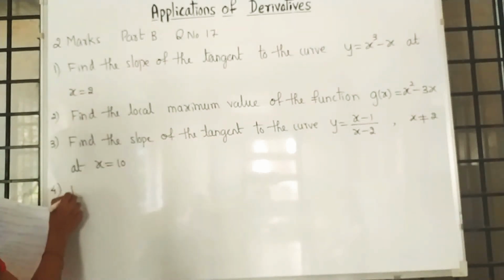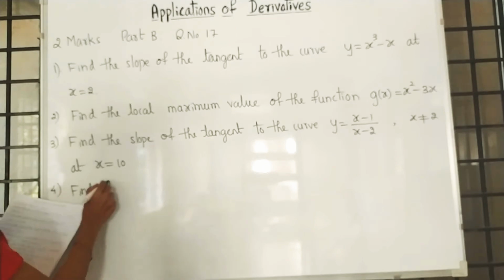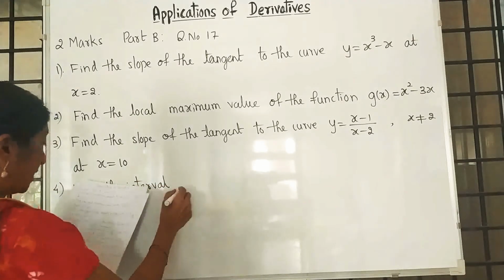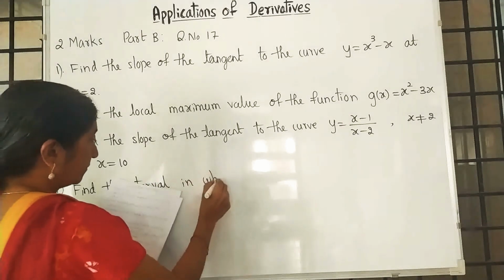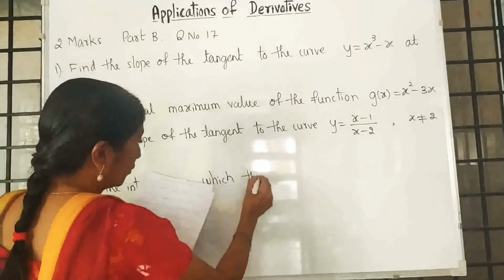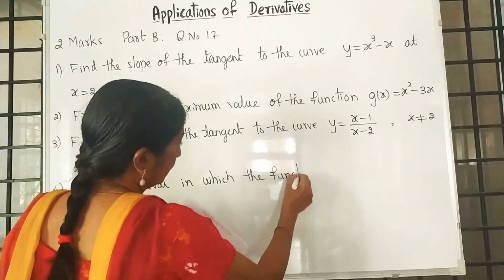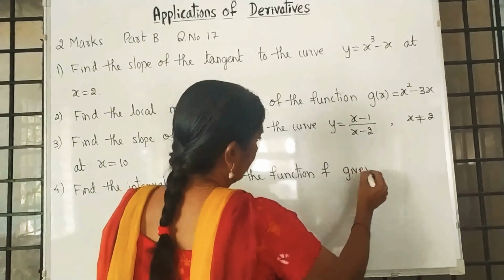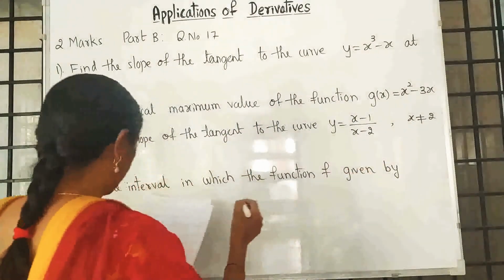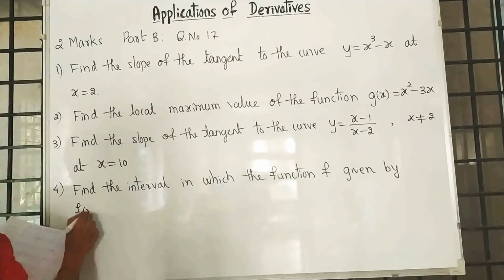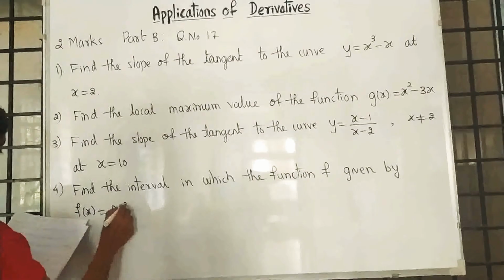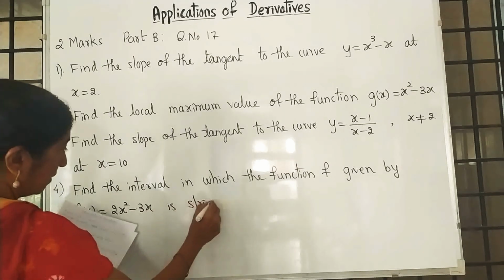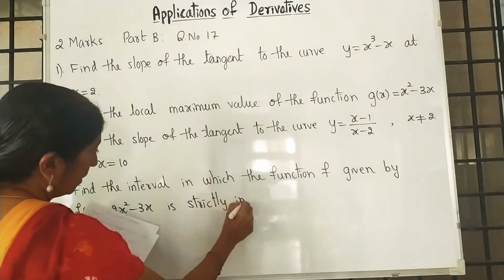Fourth question, find the interval in which the function f given by f of x is equal to 2x square minus 3x is strictly increasing.